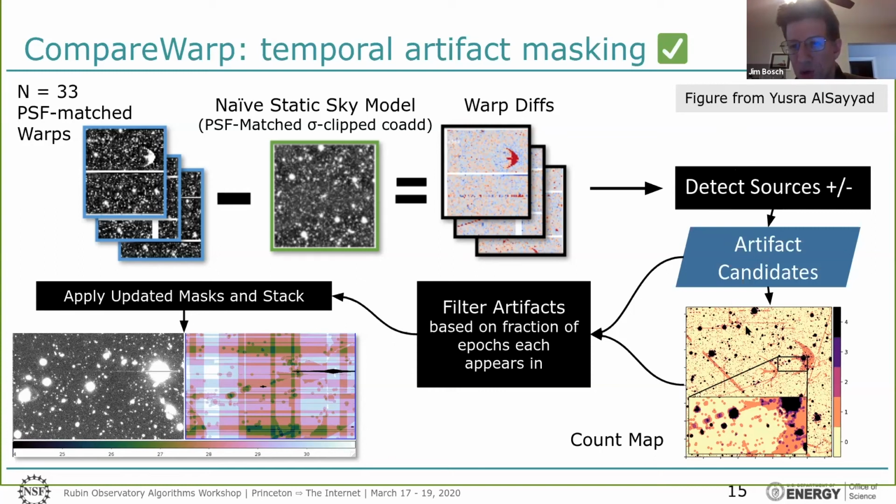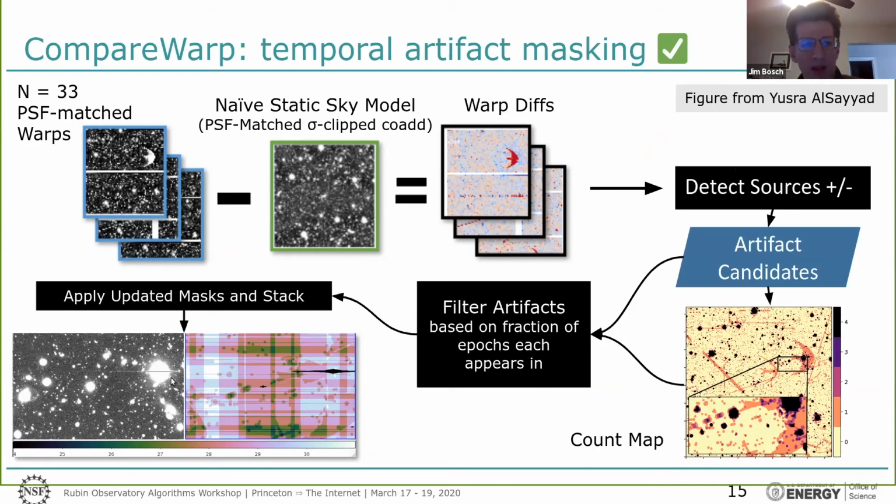And then you can see, this is a count map of in how many of these warp diffs was a pixel detected as a temporal artifact or a temporal object. We can filter them based on the number of epochs in which each of those appeared. We can create a mask from that, and then we can combine them.